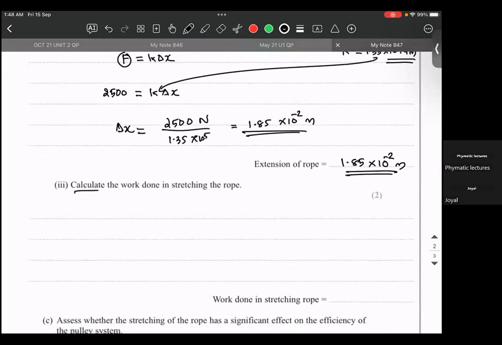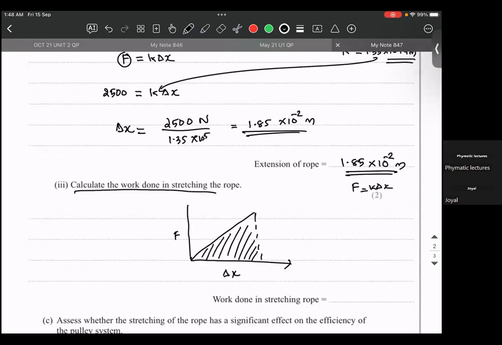Now, the next question is calculate the work done in the stretching of the rope. If you are drawing a graph of extension versus F, we will get a straight line because the equation of F is K times delta X. And if you want to find the work, the area under the force versus delta X graph is the work done. It is in the shape of a right angle triangle. The equation for work done is half times F times delta X, correct?